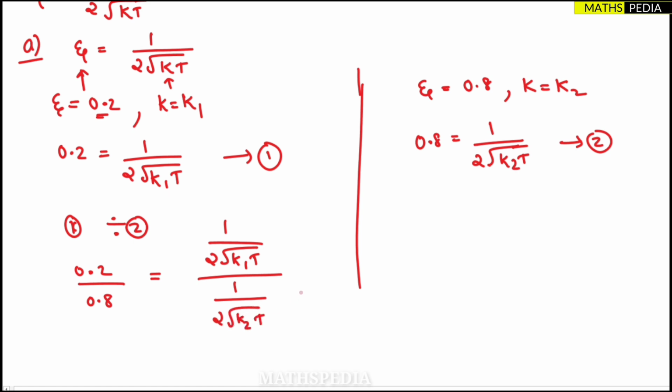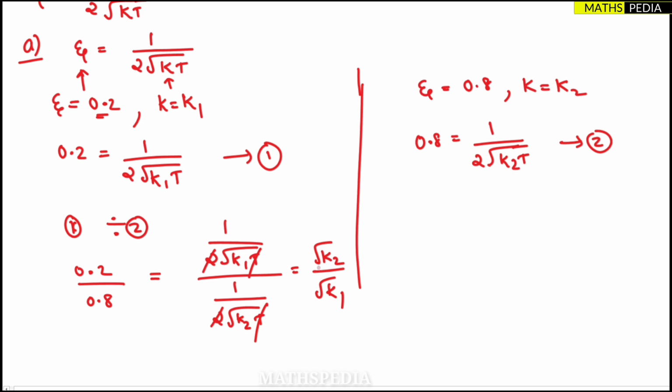When you divide this, the 2 gets cancelled, root t gets cancelled. So what is remaining is root k2 by root k1, just the reciprocal, because it is 1 by 1 by, right?